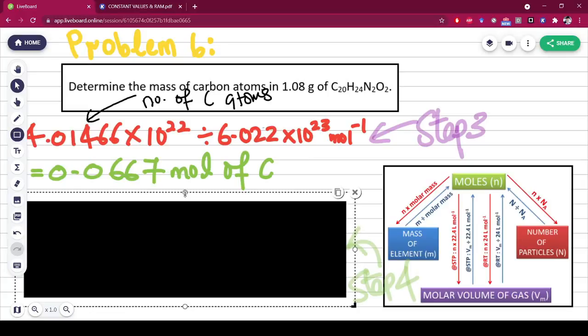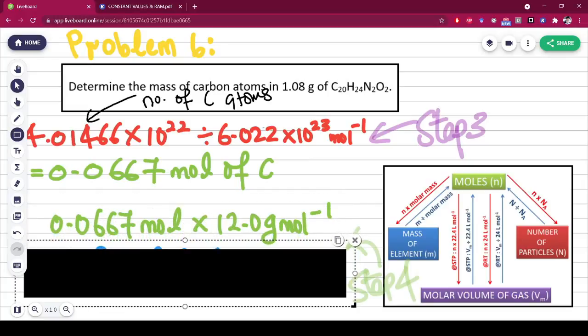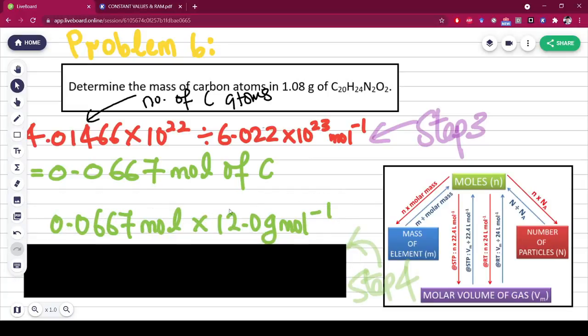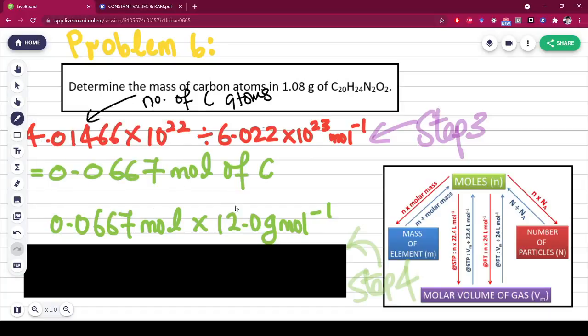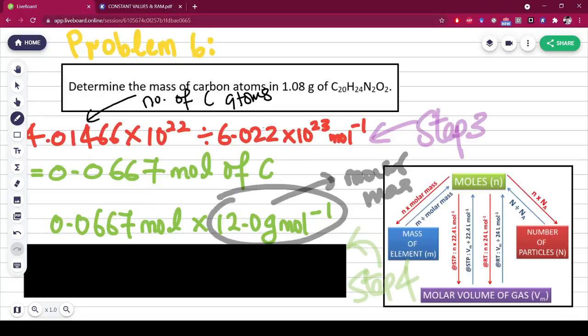Therefore, in step number 4, you times with the molar mass of carbon.